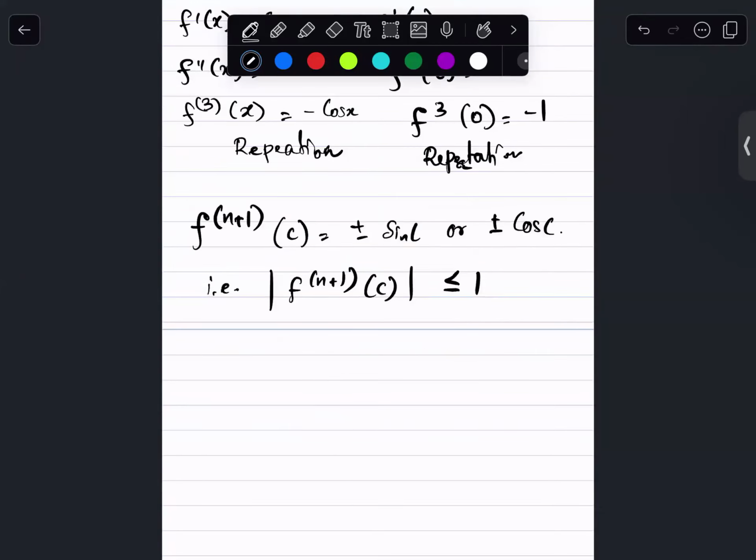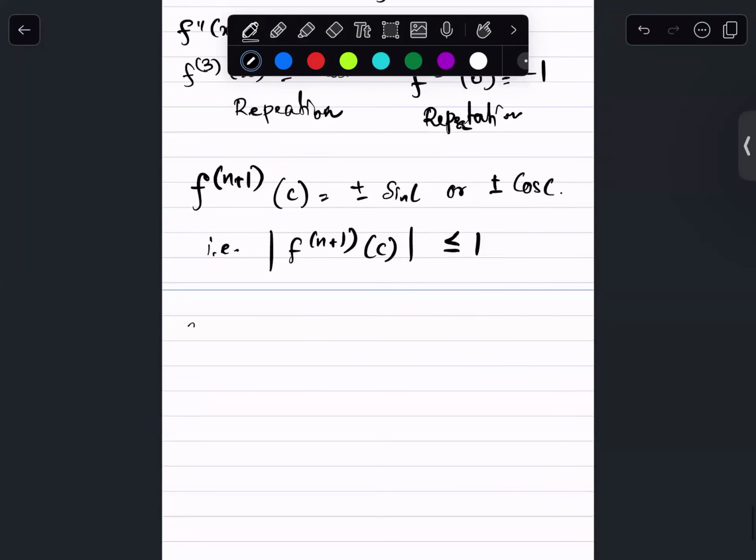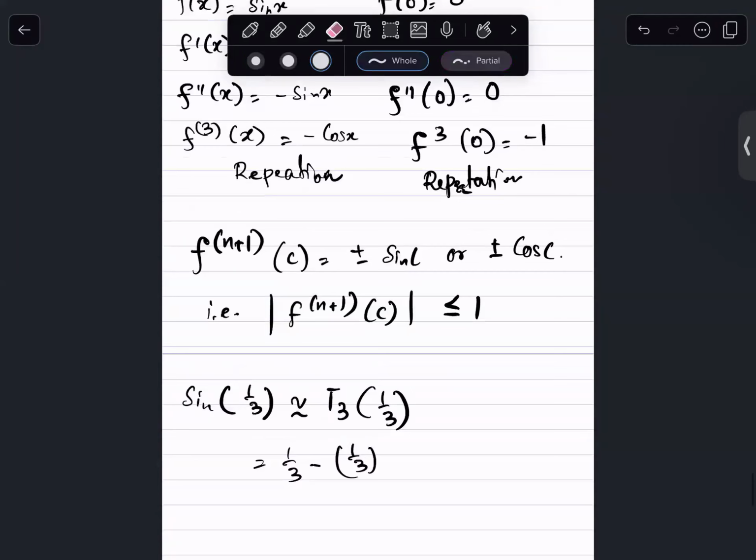So sine of 1/3, if I approximate it as a third degree polynomial, but before that, what is the general formula?